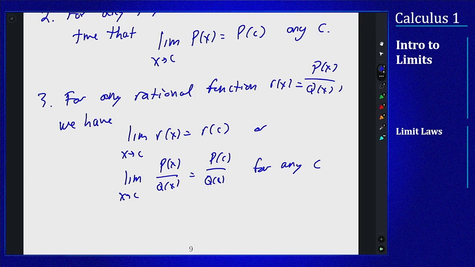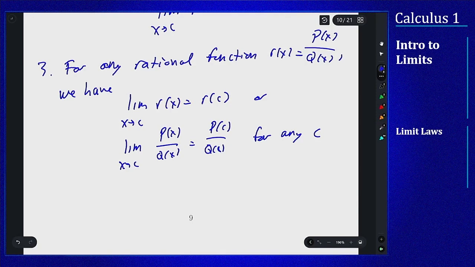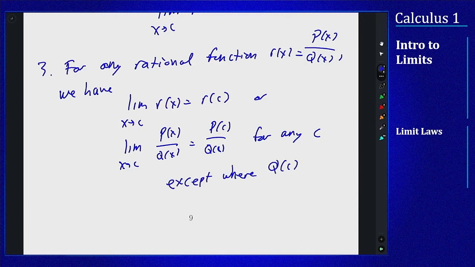Well, limit laws say we can only divide things when the bottom is non-zero. So for any c except where q of c equals 0. As long as we avoid dividing by 0, these laws work, and I can just evaluate this way.